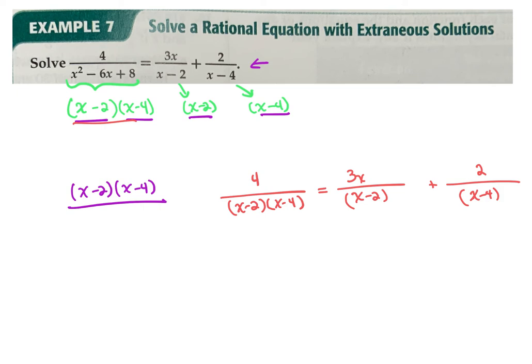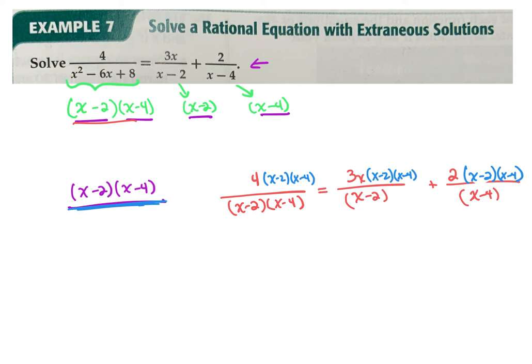I just rewrote it in factored form. I'm going to multiply everything by this common denominator right here, okay? So I'm going to multiply this by x minus 2, x minus 4. Multiply this by x minus 2, x minus 4. Multiply this, I'm going to scooch him over because he's kind of in my way there. Multiply this by x minus 2, x minus 4.